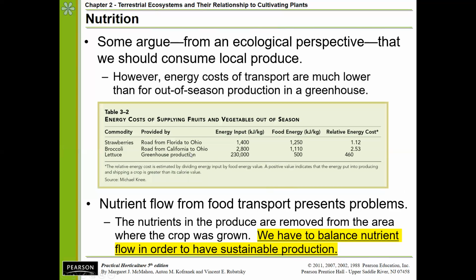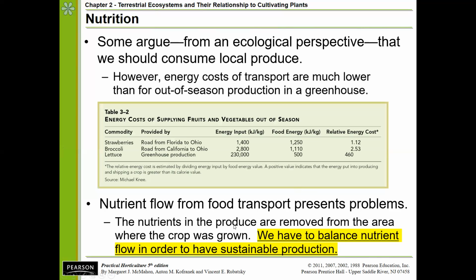In many cases, like lettuce, for instance, looking at greenhouse production of lettuce, we are shipping water basically, because lettuce is 99% water. We're just shipping water around the country when we're shipping lettuce. And we can grow lettuce pretty much everywhere in season. So eating not just local, but eating seasonal produce, I think, is a very important concept that we need to grasp.